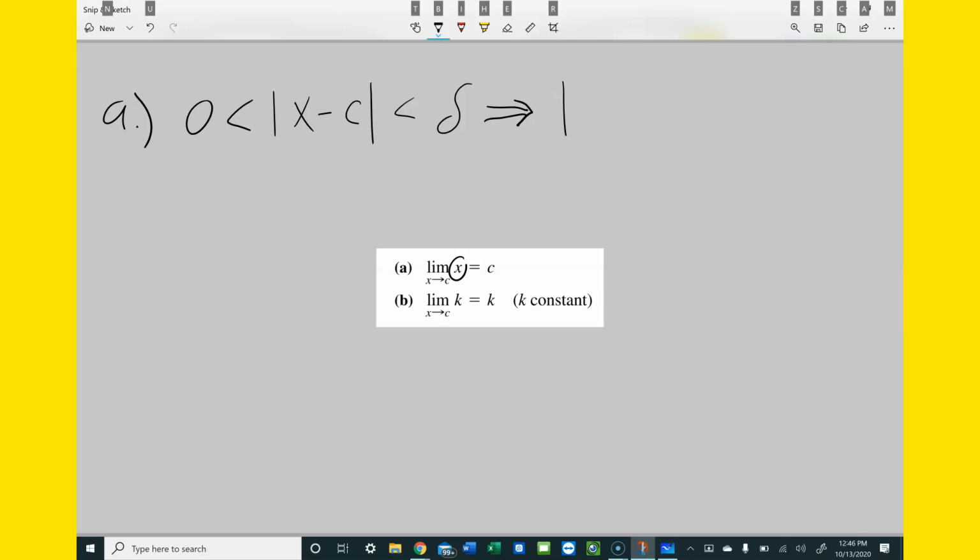The f of x here is just x. So this c is where that one came from, and this c is where this one comes from, and this x is where that comes from.